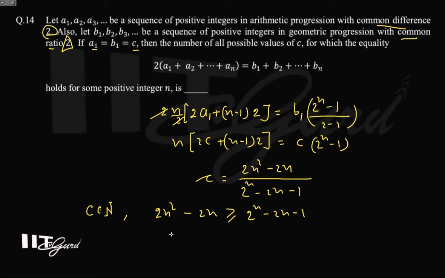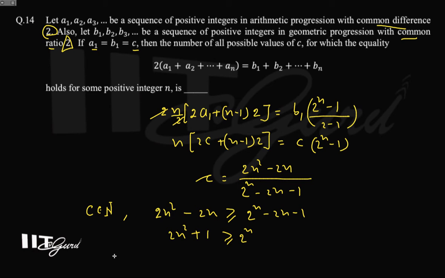Now you have to see here 2n square plus 1 is greater or equal to 2 to the power n. As you know C is positive here, these all are positive integers, so b1, b2, b3, a1, these all are C.